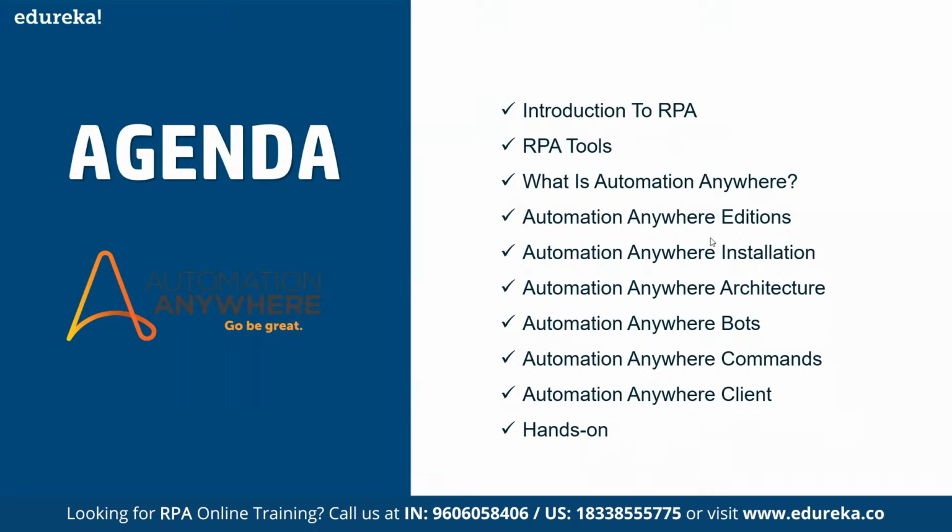We'll learn how we can set up the Automation Anywhere platform, how we can go about with Automation Anywhere installation. We'll also learn about the architecture of Automation Anywhere, what are the different types of Automation Anywhere bots, and common Automation Anywhere commands. And we will see that we are able to do some hands-on as well.